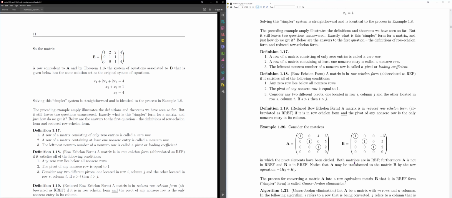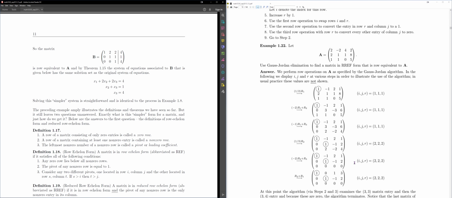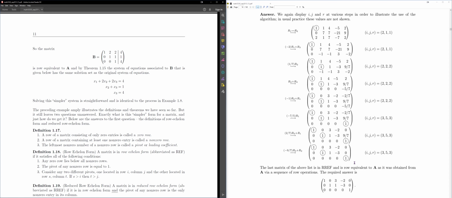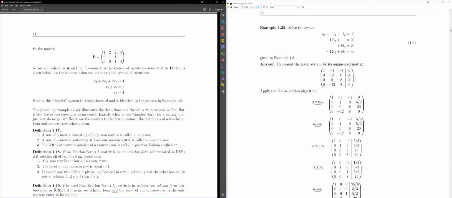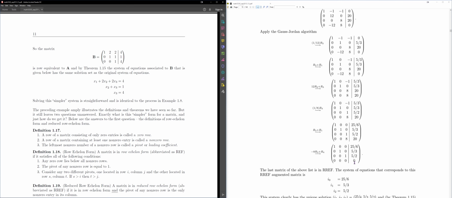Let me see if I can get a next example of this. Here I have this system in 3 variables, and it has 4 equations in it. You want to solve your system. Instead of doing equation operations, you form your augmented matrix.